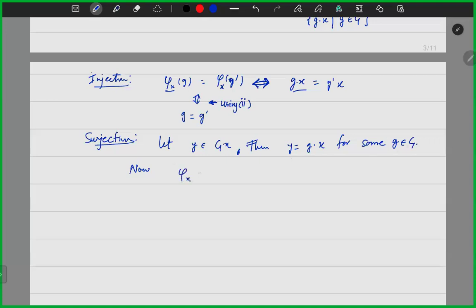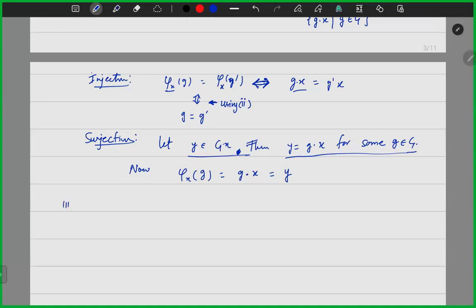Phi x of g will be g dot x and this will be y. This result was important because y belongs to Gx. So y will be of this form, g dot x. Okay, so this map is surjective.